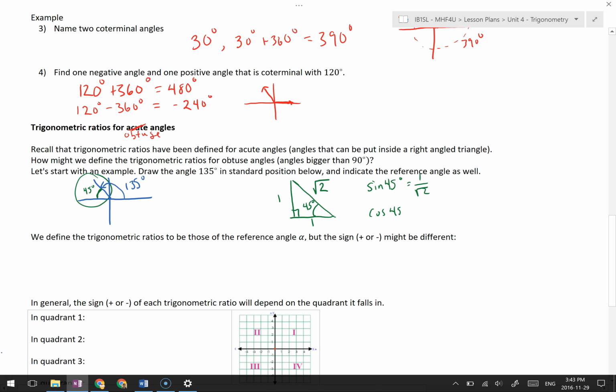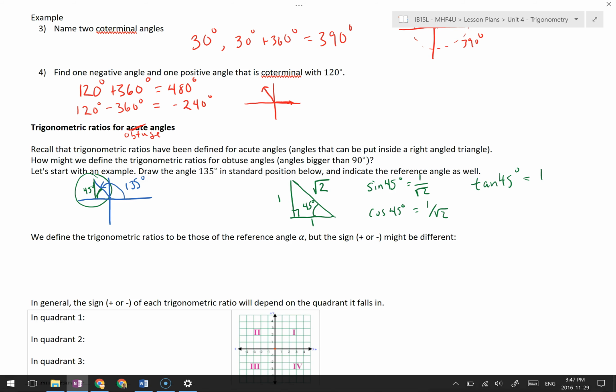The cosine of 45 is 1 over root 2. And the tangent of 45 degrees is 1. Now, that's true for sine 45, cos 45, and tan 45. But we want to know what is the sine, cos, and tan of 135 degrees.